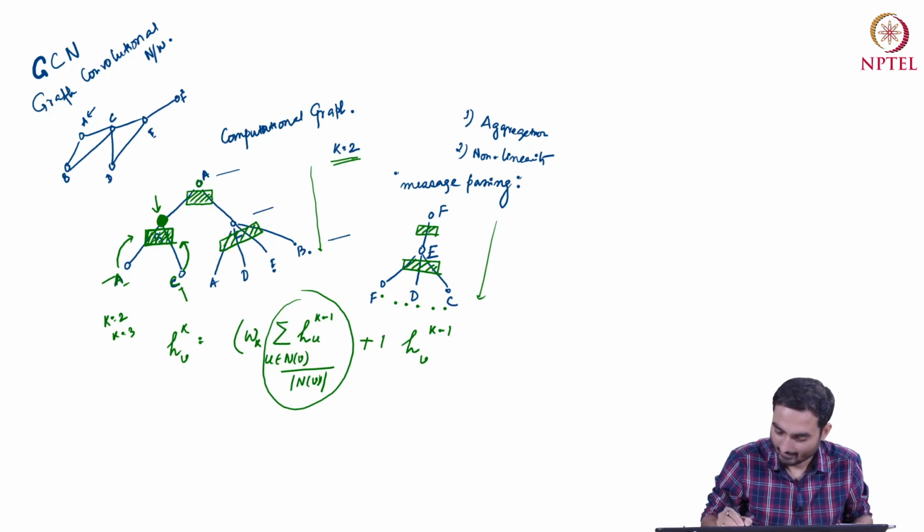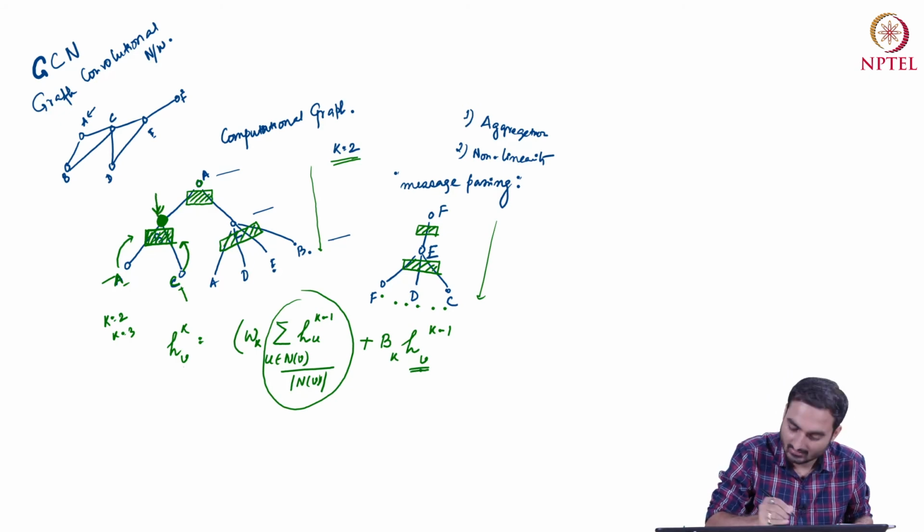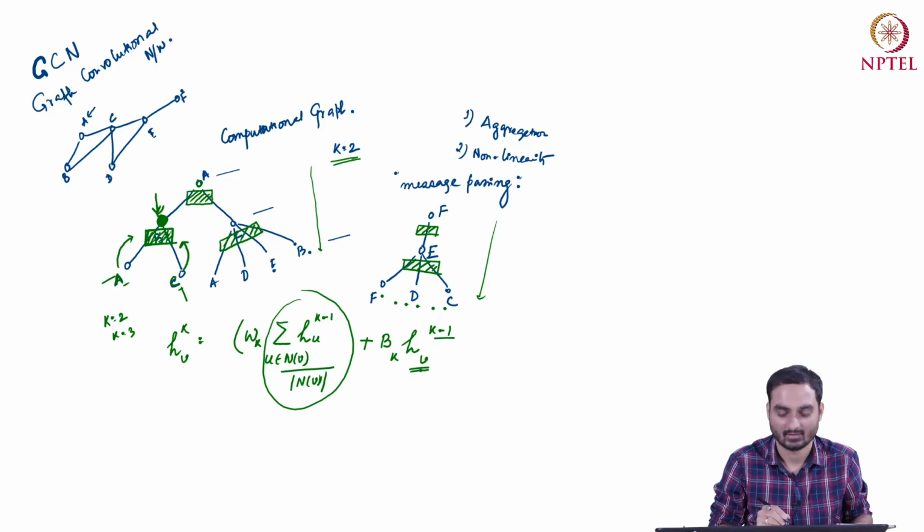This would also be parameterized by Bk. Now, what is this? This is the message of this particular node at the k minus 1th time, and you are planning to get the message for V at the kth time. So, this is the aggregation.